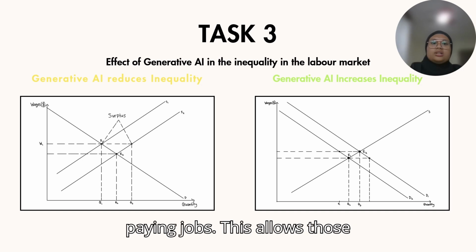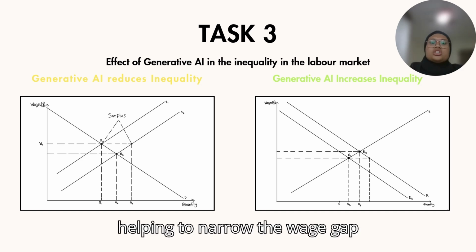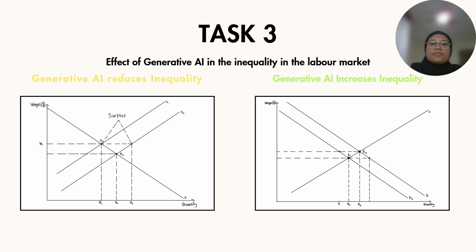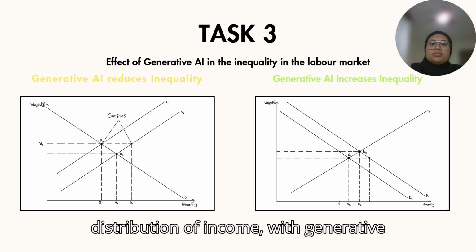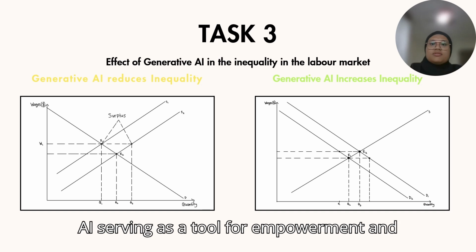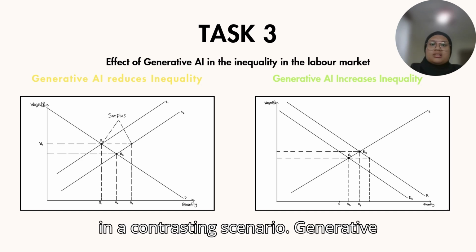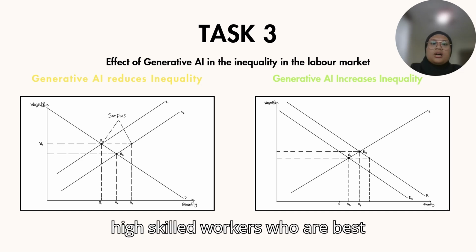This allows low-skilled workers to move up the skill ladder, helping to narrow the wage gap between lower and higher skilled workers. This scenario could lead to a more equal distribution of income, with generative AI serving as a tool for empowerment and economic mobility.